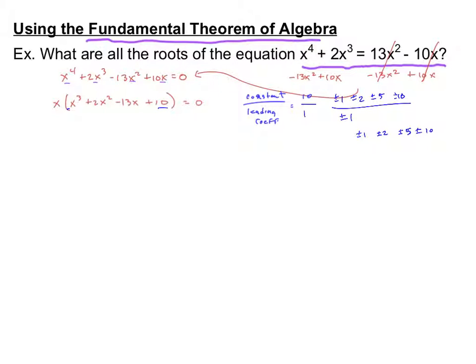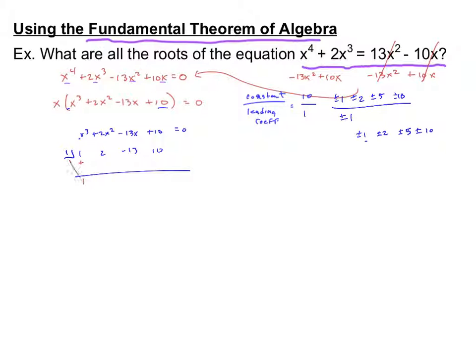So I'm going to use synthetic division to try and figure out one of these possible roots. If I take x to the third plus 2x squared minus 13x plus 10 equals 0, I'm going to start off with 1. I use my coefficients to create my synthetic division, and as I add down, I get 1.